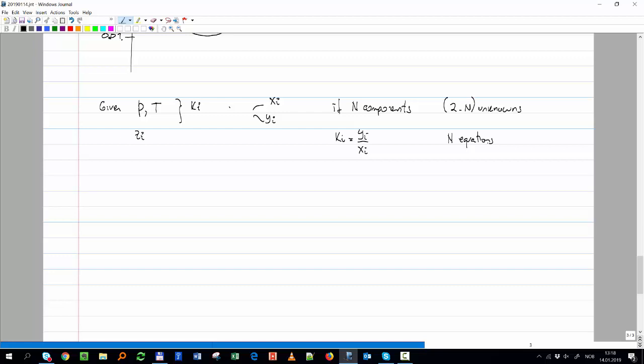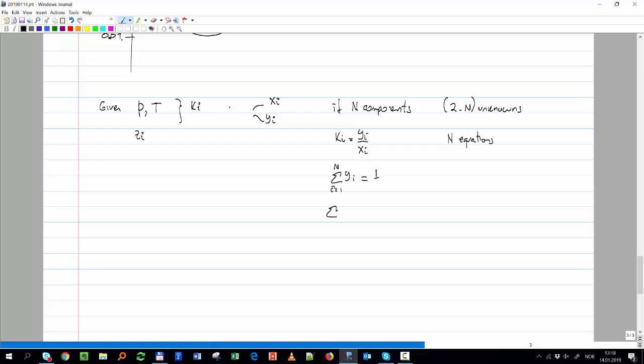What else do I have? First, I know that the sum of yi should be equal to 1, the sum of all the fractions. These fractions are divided by the total number of moles in the vapor.